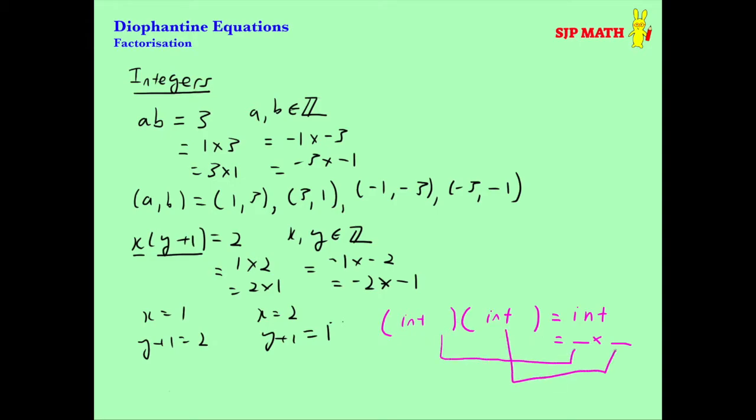Then we solve them simultaneously, or solve them separately, and so on. This is the main motive behind solving Diophantine equations using factorization, which I find pretty interesting. When I first learned this, it was one of my favorite topics.